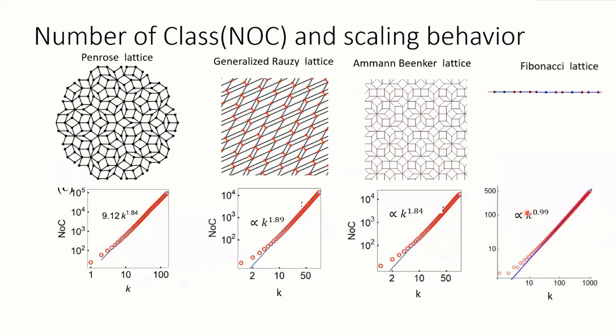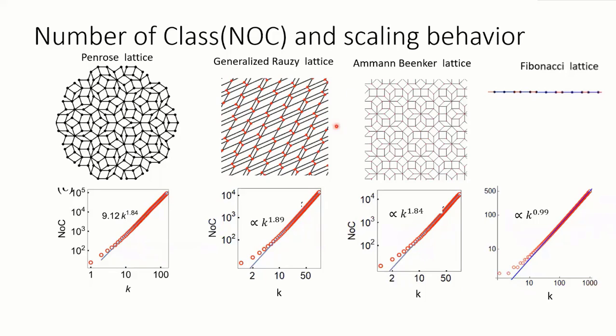So as I said, we can increase this classification by increasing the path which we look at around each vertex. The number of classes grows if we increase the vertices considered around the specific vertex. Interesting thing is that the number of classes increases with power law behavior.